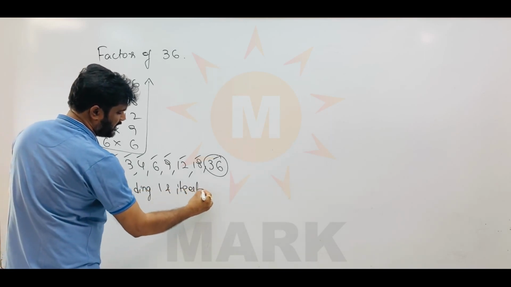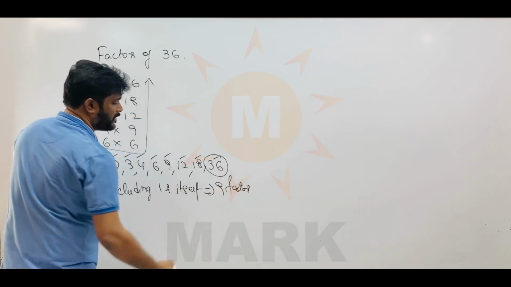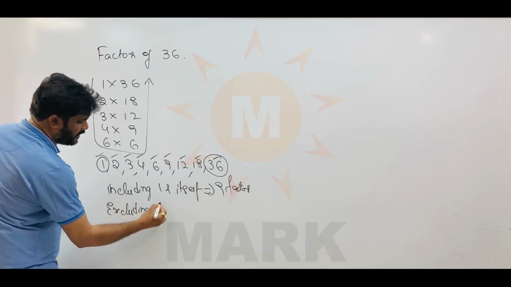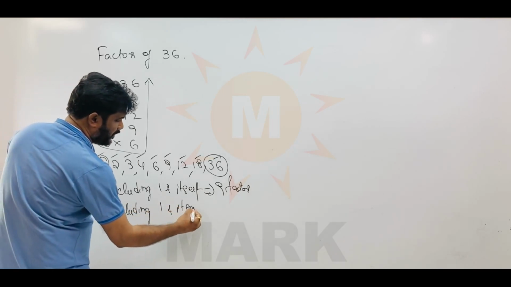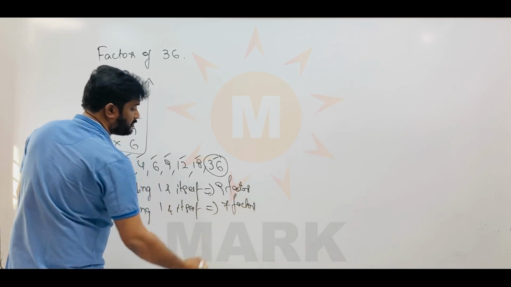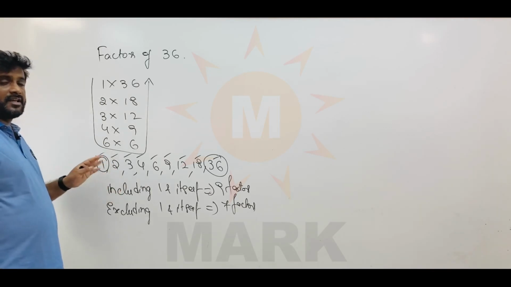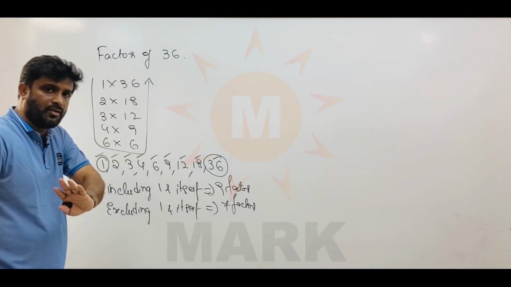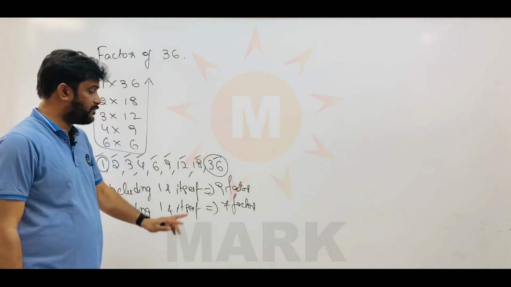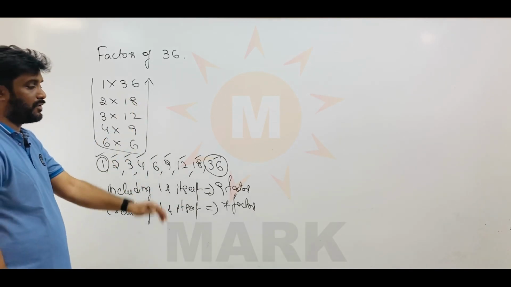If you go for excluding 1 and itself, we have to remove 1 and 36 and say 7 factors. If they ask how many factors, generally we include 1 and itself. Sometimes they specifically ask excluding 1 and itself, then you have to say 7 factors. This is for the example of 36.